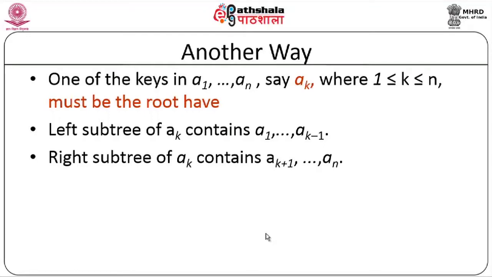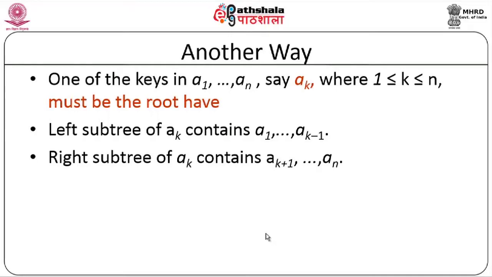So, what we can do is take the set of keys A1 to AN. We can take an arbitrary element called AK and construct the left subtree, so that the left subtree of AK consists of elements A1, A2 up to AK minus 1.